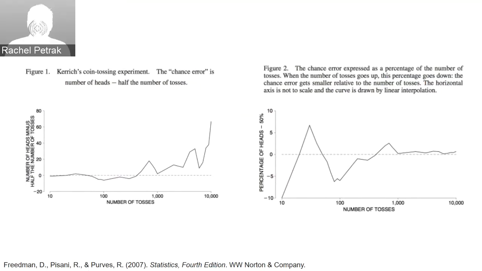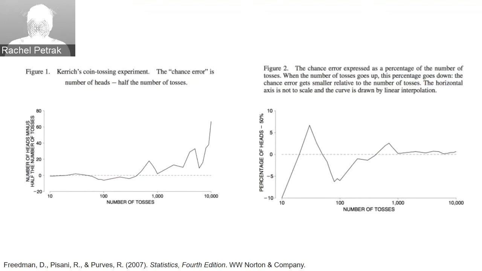So you can see on figure 1, as the number of tosses goes up, the absolute size of the chance error also tends to go up. See here on the left, we've got the absolute size. Of course, this makes sense because as you have more tosses, there are more actual trials.